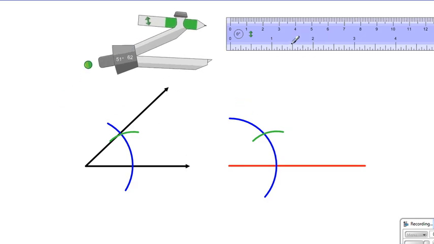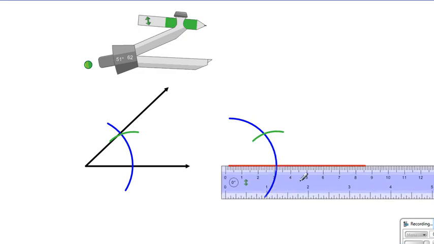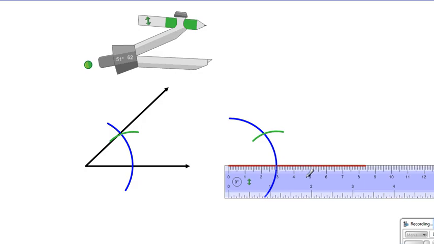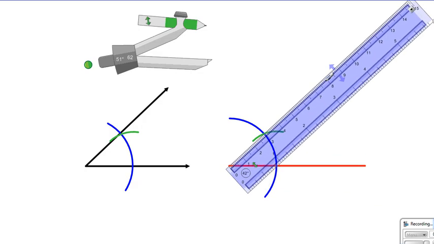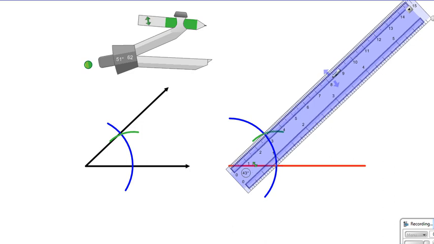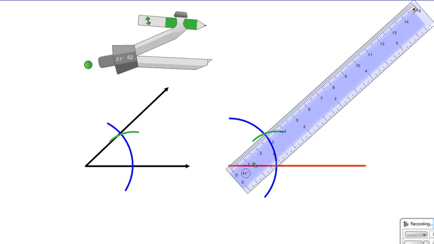now, since this point matches with this point, I can bring a straight edge and draw the line.